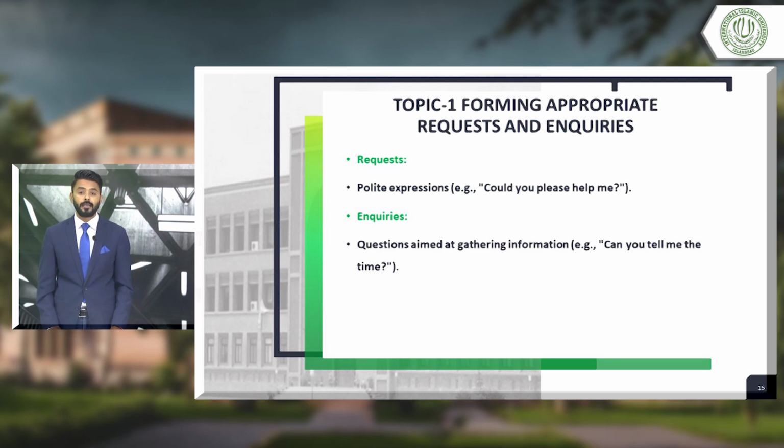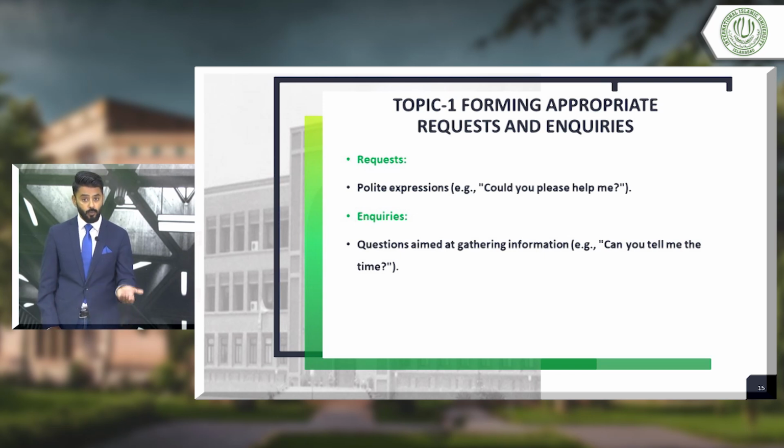Of course, we will talk about the structure of a request and how to form one when we talk about the linguistic aspect. But definitely your tone matters a lot. Then what is an inquiry? How is an inquiry different from a request? Even in an inquiry, you are asking a question.